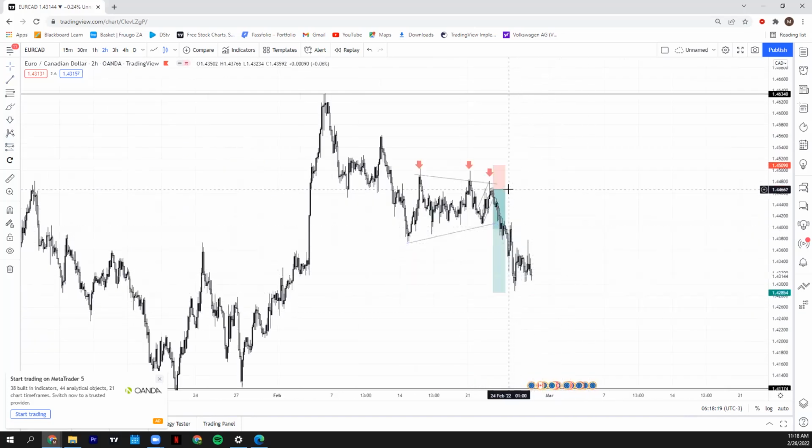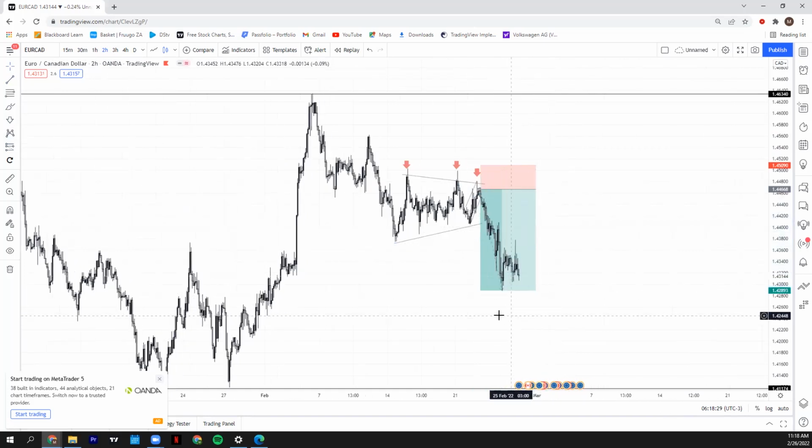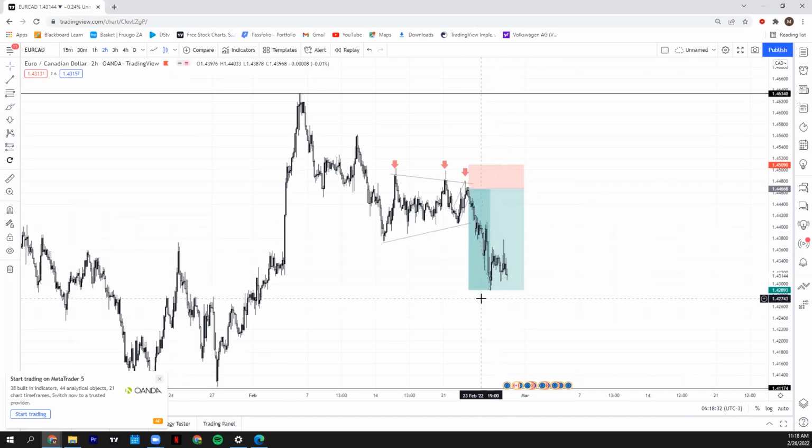So it probably moved, I'm sorry, that was the air freshener. So anyways, it moved just above 1%, which is significant.